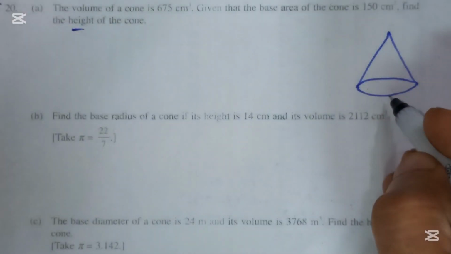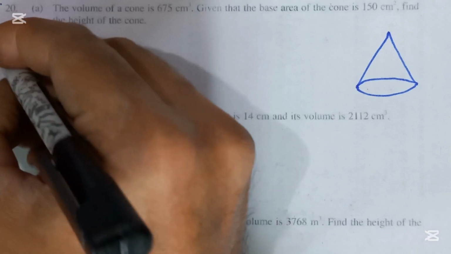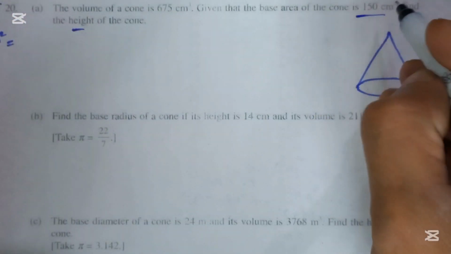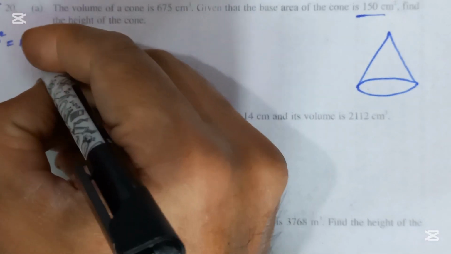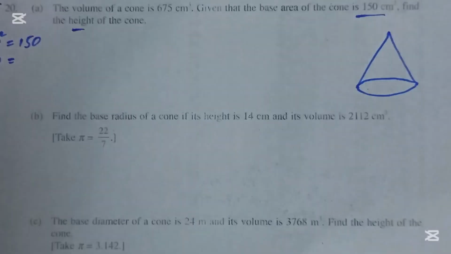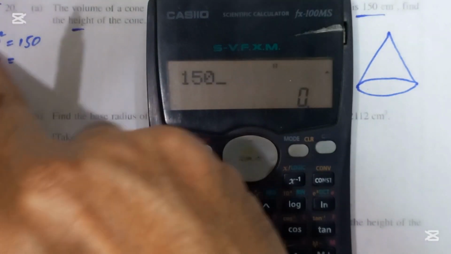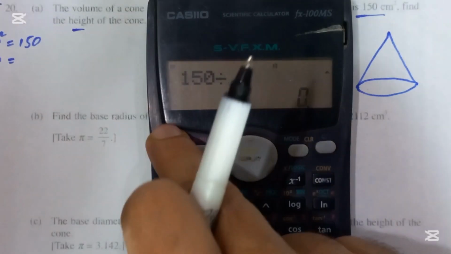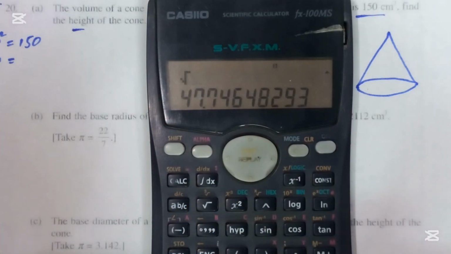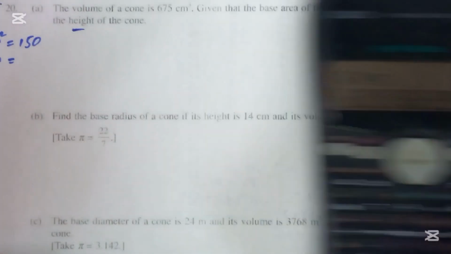The base area is a circle whose formula for the area is pi r square, that is given 150. From here we will find the value of r by using the calculator. 150 divided by pi, and take the square root of this value. This will be 6.91.